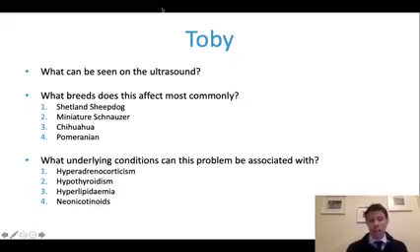Hyperlipidemia, and that may be a reason in your miniature schnauzers, because obviously they're predisposed to hyperlipidemia. And I added neonicotinoids simply because that has been recognised just in one breed, in the Shetland Sheepdog. So if you thought of that, that's fairly impressive.